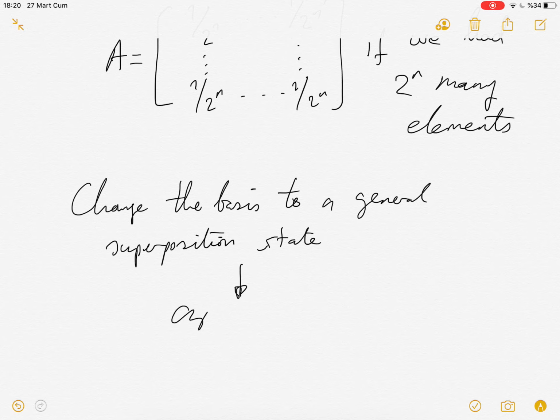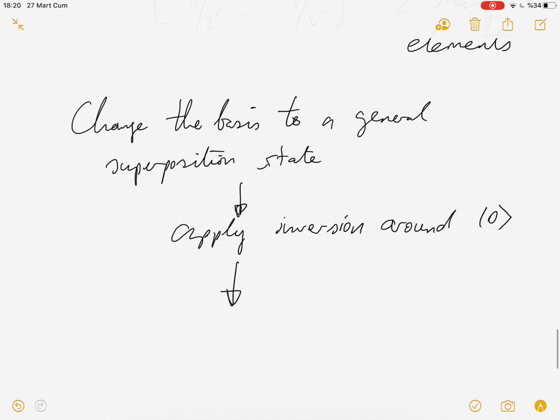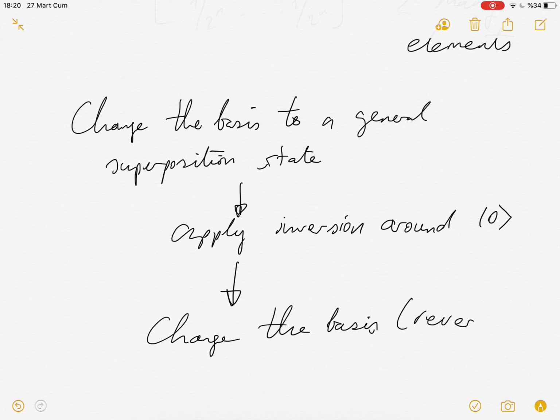Then apply inversion around ket 0, okay, and then again change the basis. So that is, we revert the process.